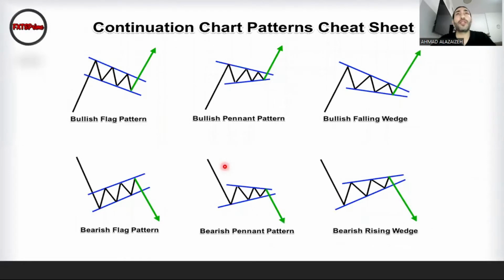So first of all, guys, we have already discussed the continuation patterns, and we know now what continuation patterns mean. So we have discussed the flag, we have discussed the pennant pattern, the falling wedge, and all those patterns.